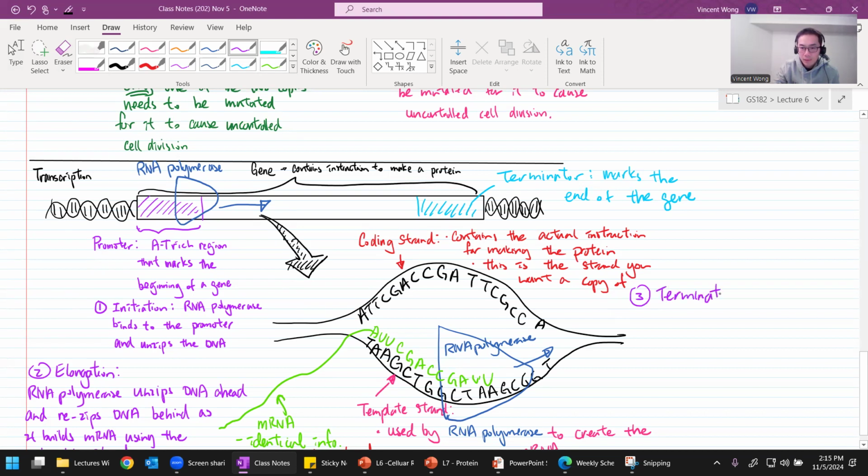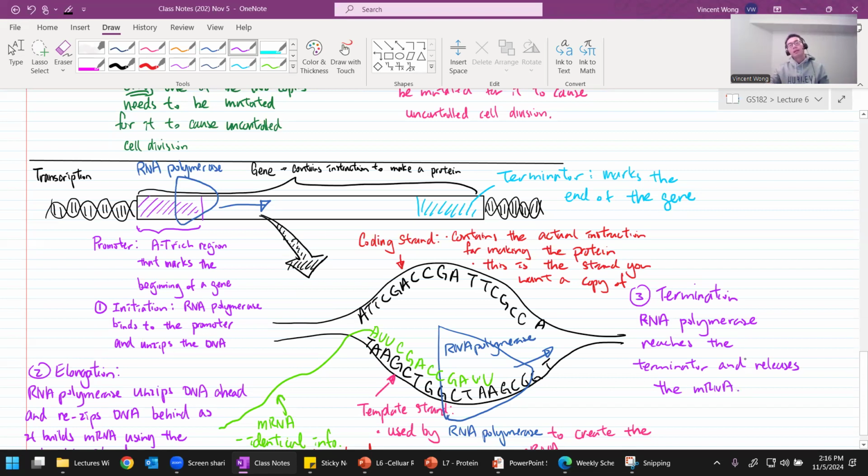Okay, so RNA polymerase reaches the terminator of the gene and releases the mRNA.